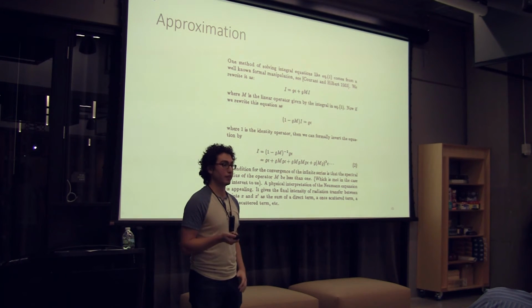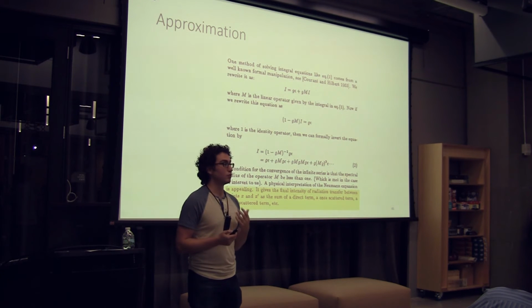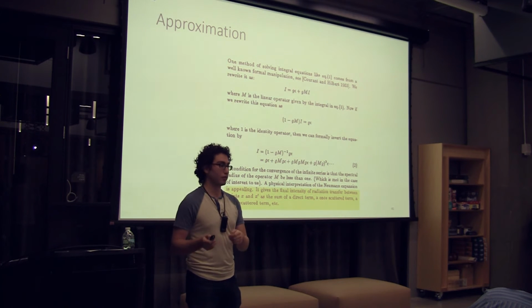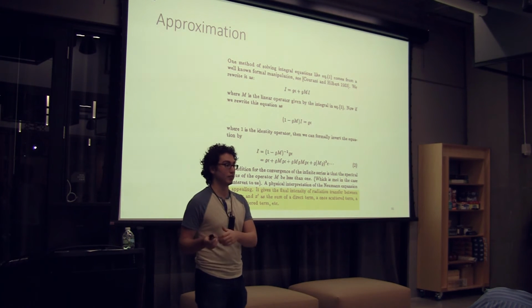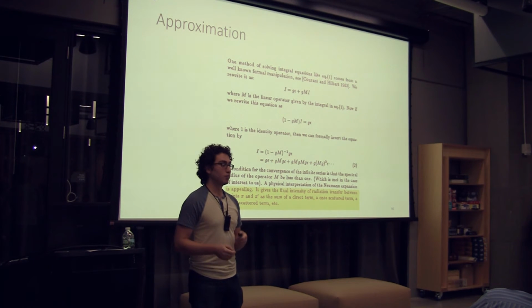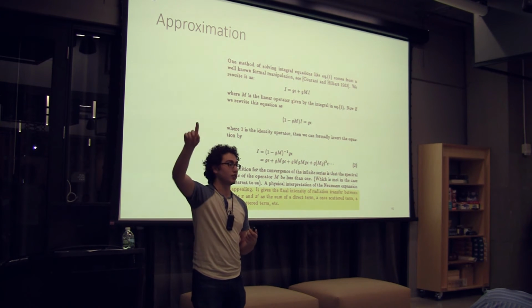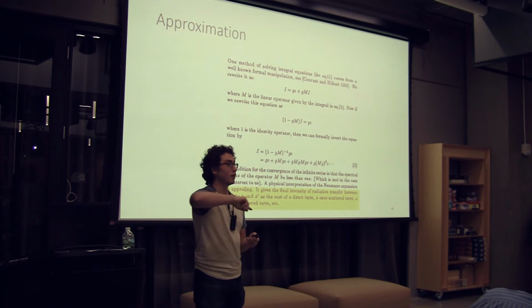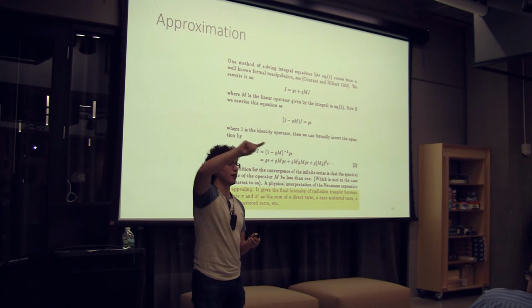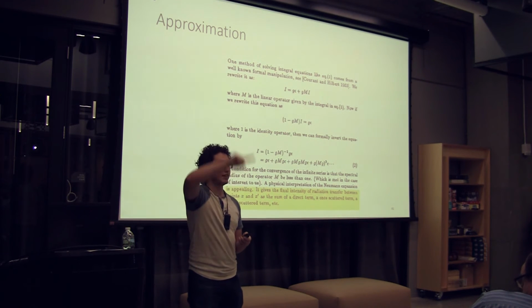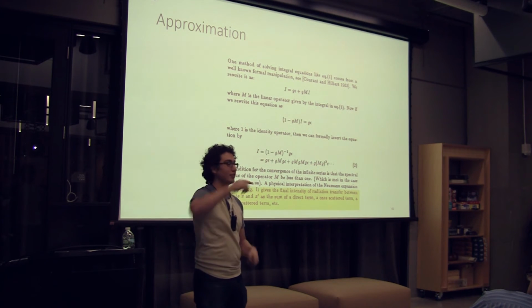A few nice things come out of this. The first is that it gives us a really nice interpretation of this equation. You can think of the light going from x prime to x as the sum of the light that goes from x prime to x because x prime is a light source, plus the light that comes from x prime to x because light from a light source hit x prime and then went to x, plus the light that bounced off some surface, hit x prime, then went to x, plus the light that hit some surface, hit some other surface, hit x prime, then went to x, and so on and so forth.